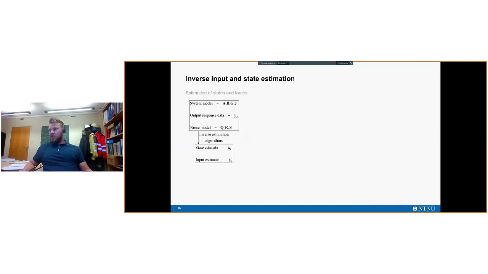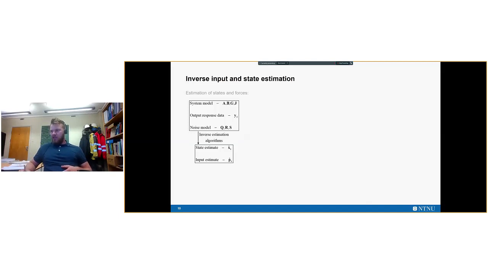So the estimation of the states and forces is done by means of first establishing a system model in terms of these system matrices A, B, G, and J. We combine this with the measurement data we have and the noise model we have assigned.